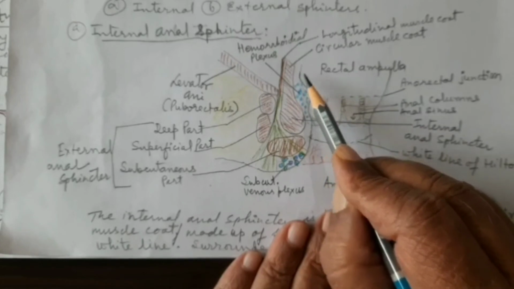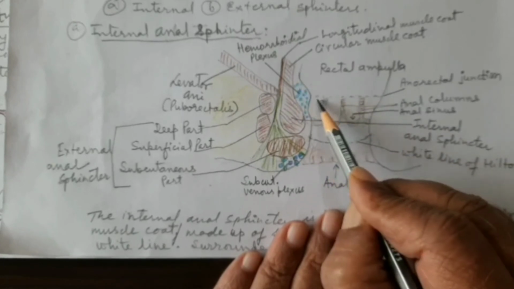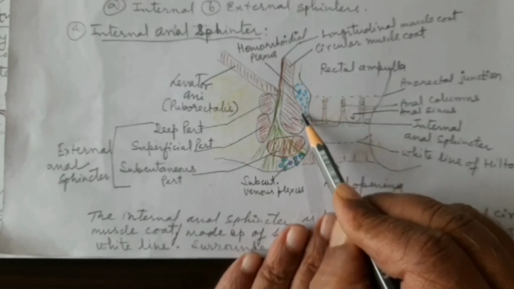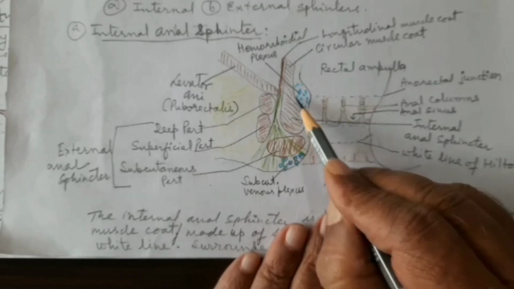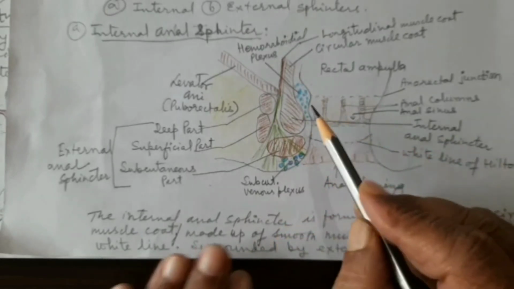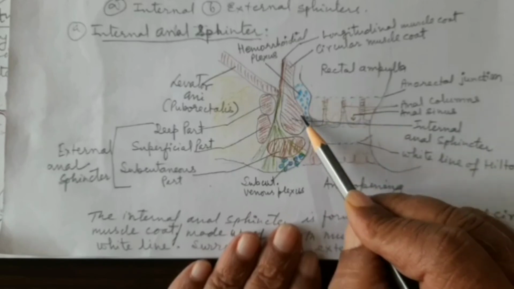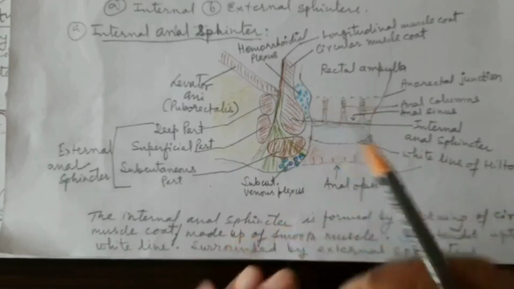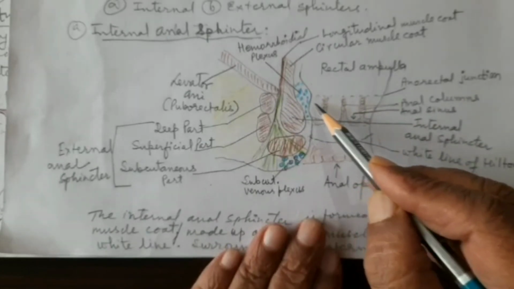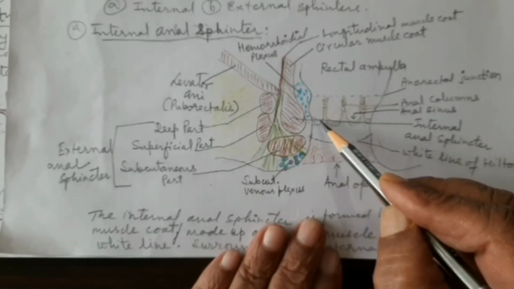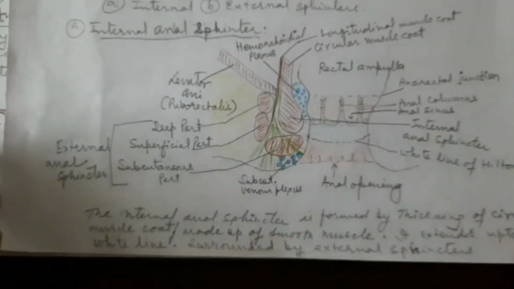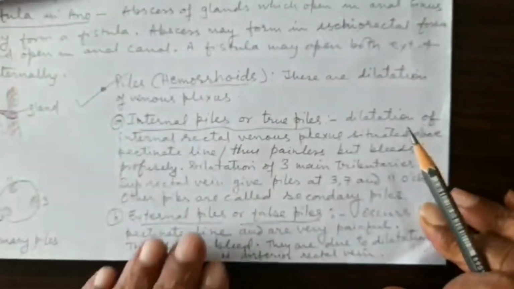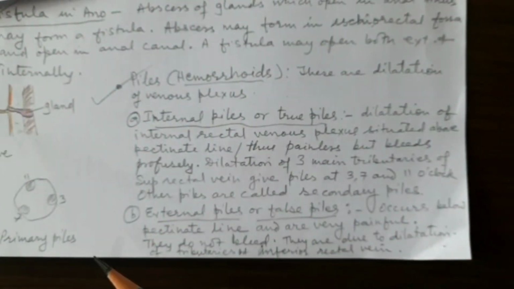It extends into the rectum, lowermost at the anorectal junction, and in the upper 10 to 15 millimeters of the anal canal. If it becomes enlarged, it forms a protrusion inside the anal canal, which may prolong and protrude through the orifice. That is called piles, because of enlargement of the internal rectal venous plexus.